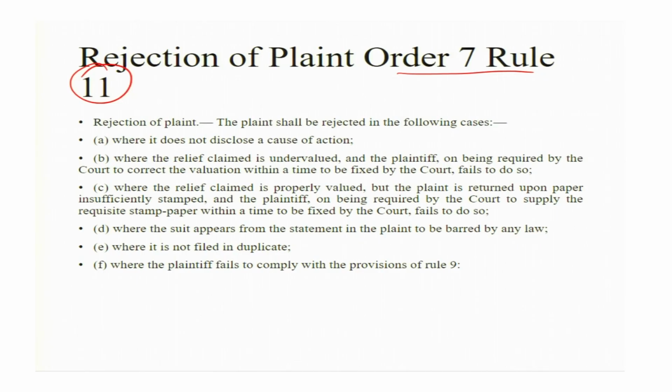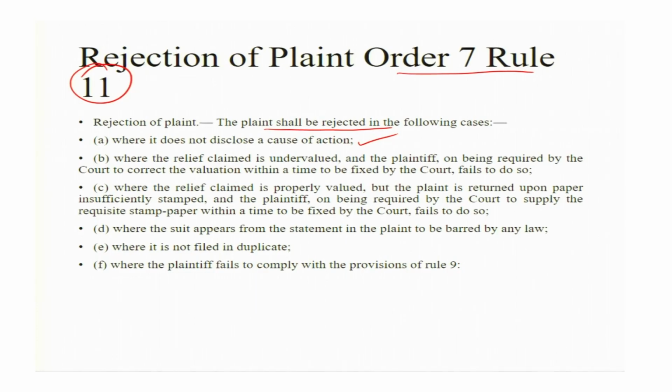Rejection of plaint means rejection and return, and these are two different things, where the plaint does not disclose a cause of action. Although I have told you, just for your convenience, this order is also a decree.